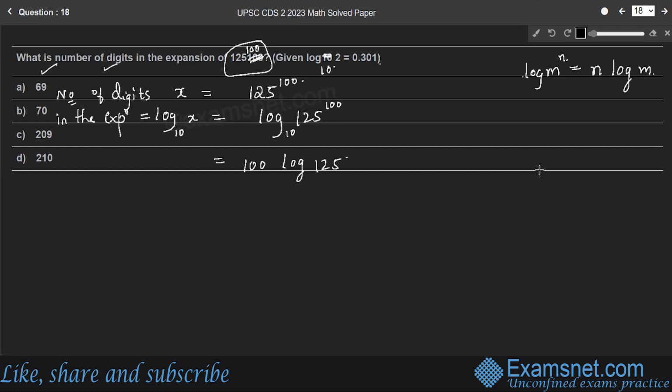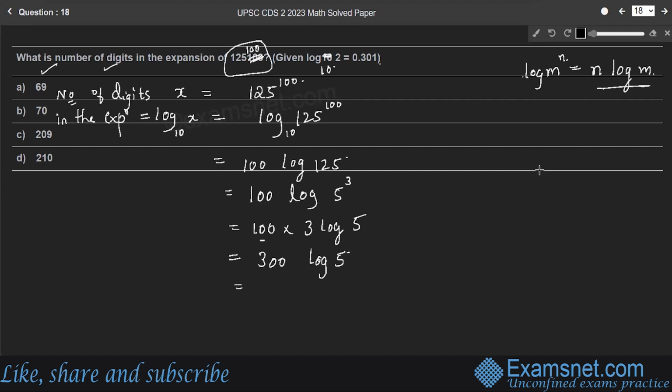And 125 can be written as 5 cube. Again, which is in the form of log m raised to n, right? Apply the same rule. So which is 100 into, so n log m, which is 3 log 5. Since 100 into 3 is 300, 300 into log 5.